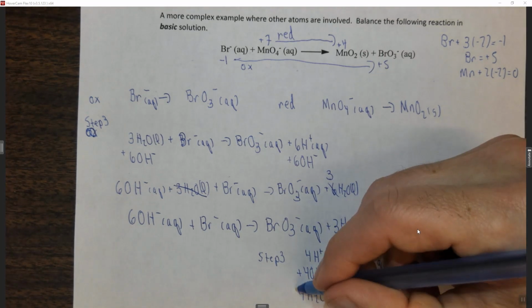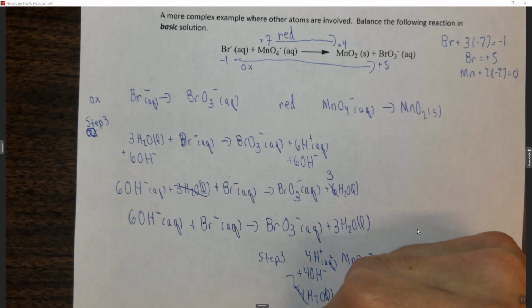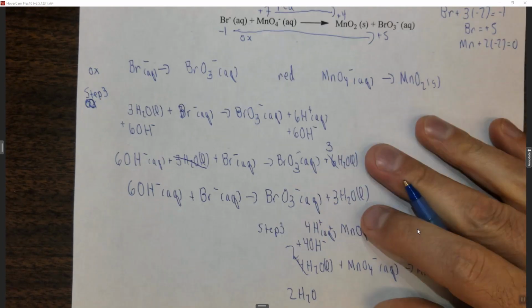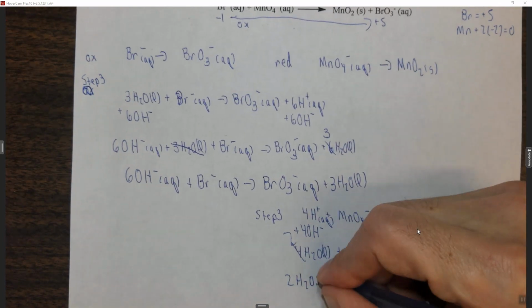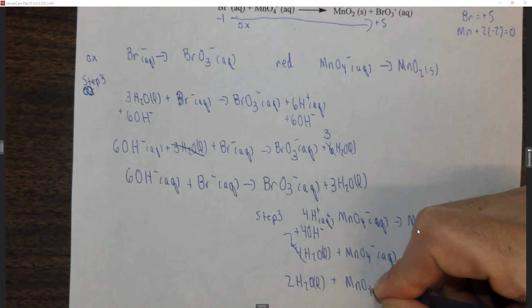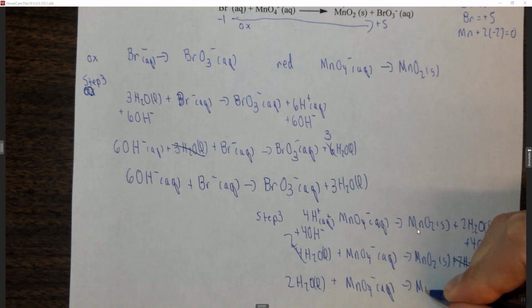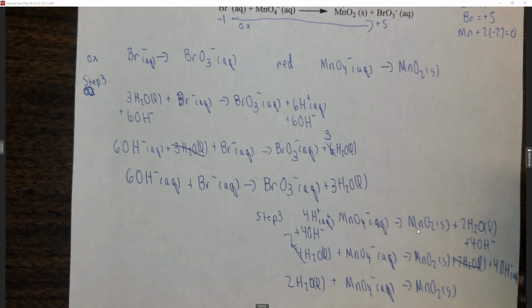We can cross out 2 of these and both of those waters, and we end up with 2 H2O liquid plus MnO4 minus aqueous yields MnO2 solid plus 4 OH minus aqueous.